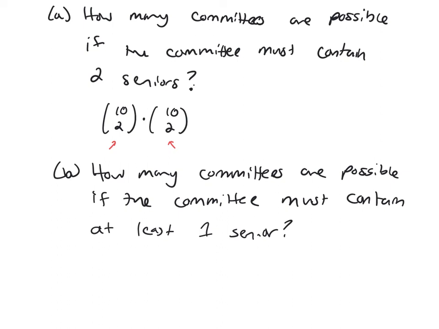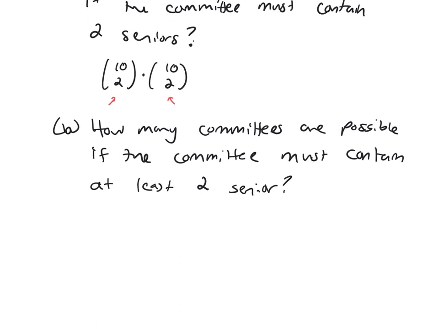So what are the possibilities? If it has at least 1 senior, it could have 1 senior, 2 senior, or 3 senior. Sorry, we'll change this to at least 2 seniors. So what does at least 2 mean? It means it could contain 2, it could contain 3, or 4, all 4 people.